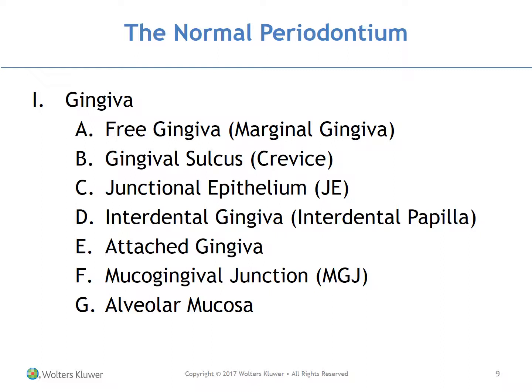So the position of the junctional epithelium: as the tooth erupts, the attachment is on the enamel, okay? And then during the eruption, the epithelium starts to migrate towards the cemento-enamel junction. At full eruption, the attachment is usually on the cementum where it becomes firmly attached.